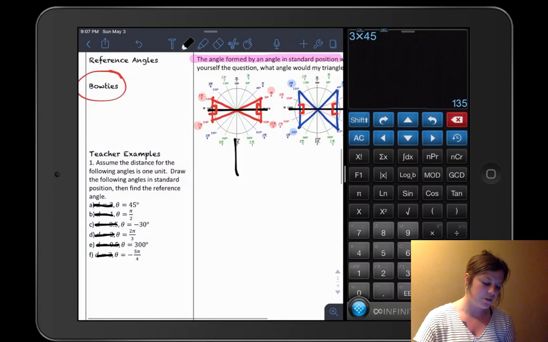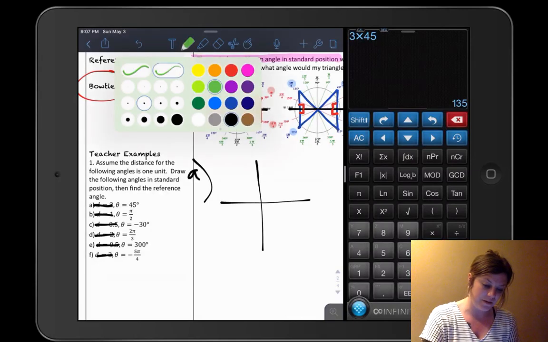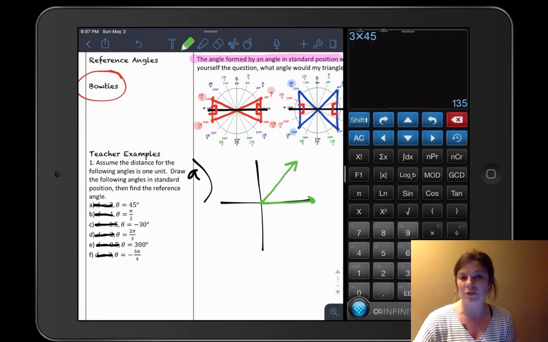Okay, so first thing we're going to do is draw it in standard position, and then we are going to find the reference angle. So for A, we have a standard position, which would be right there, 45 degrees. Hopefully you guys are good with that by now.